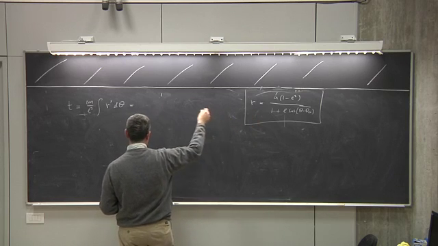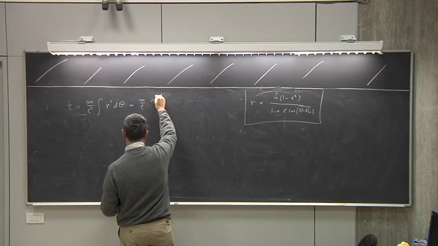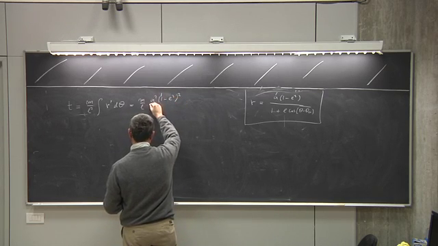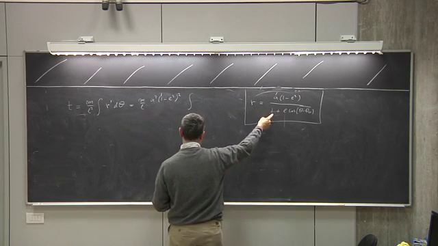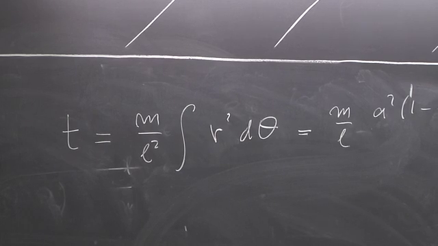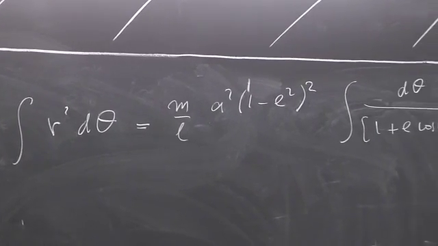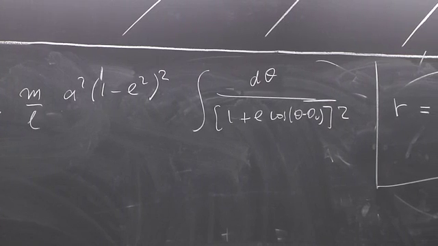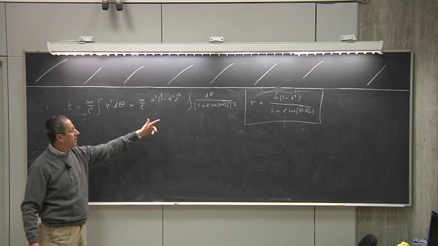So I plug in this, I have this constant, and then I have a square. This is another constant, if you wish. That's it. And then you have to integrate the square of this. So d theta over (1 plus e cosine of theta minus theta 0) squared. So to find it, then you invert and you find theta as a function of time.